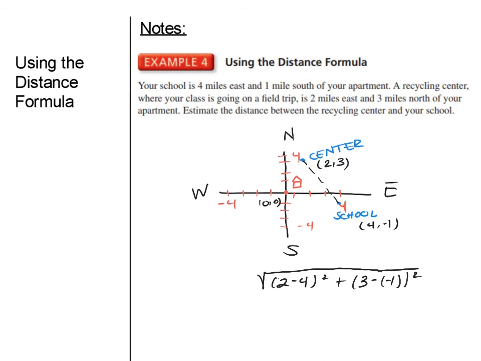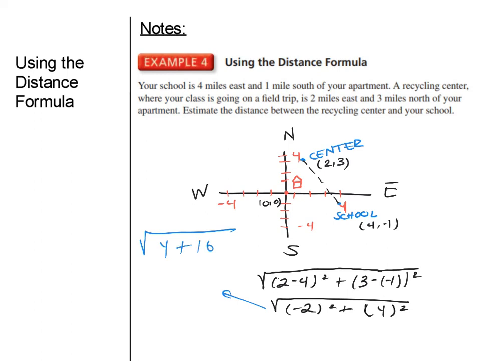I'm just plugging it in. So I'm just going to continue here. 2 minus 4 is -2. Square. 3 minus -1 is 4. So plus 4 squared. And then, of course, I continue on. I'll continue here in blue. The square root of 4 plus 16, which is what?